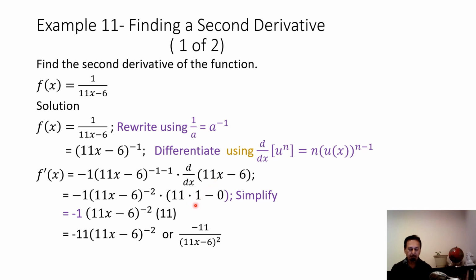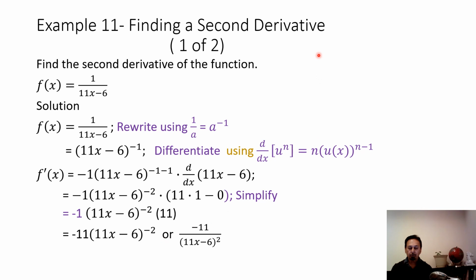Now the derivative of 11x is 11 times 1, the derivative of 6 is 0. So now simplify 11 times 1 minus 0 is 11. And just bring it down, negative 1, 11x minus 6 to the negative 2. Now minus 1 times 11 is negative 11 times 11x minus 6 to the negative 2. So this is our first derivative.